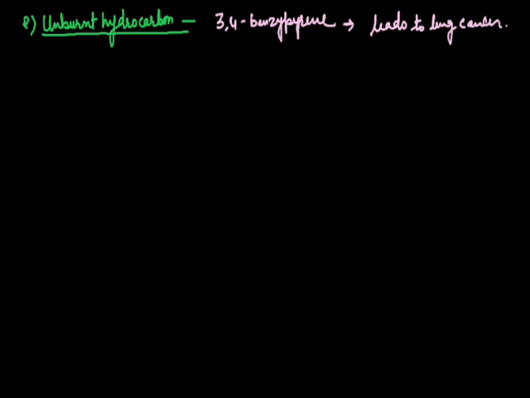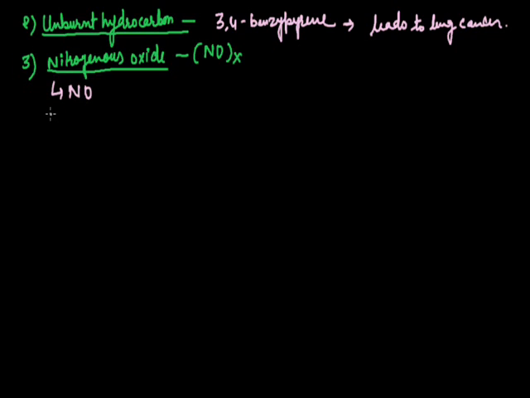The next pollutant I can take is nitrogenous oxide. In short, I can write like this. Different kinds of nitrogenous oxides are found: nitrogen oxide, nitrogen dioxide, N2O, N2O5.